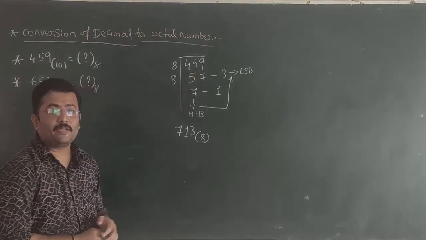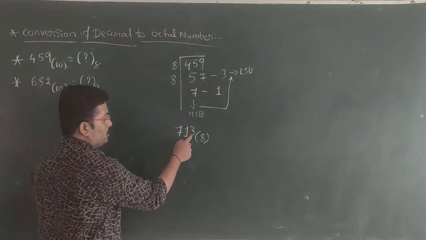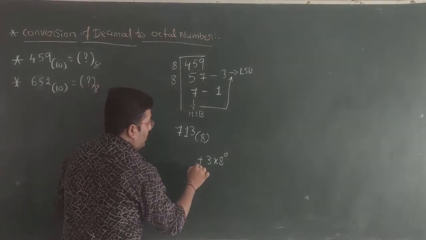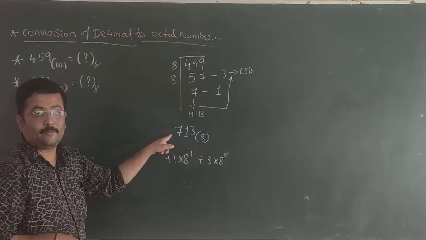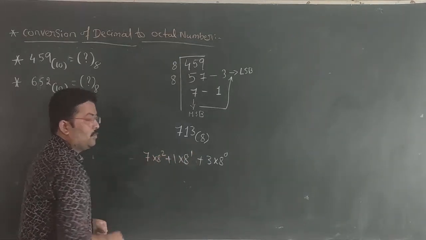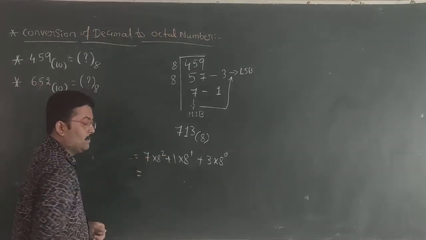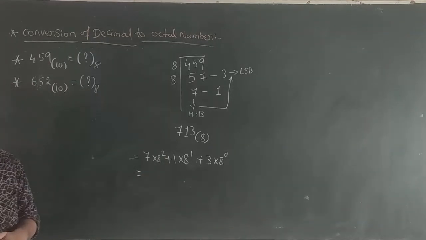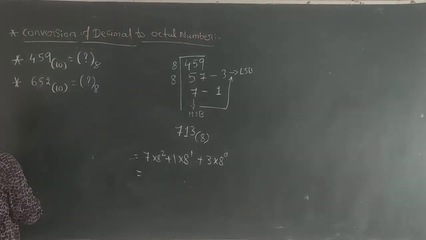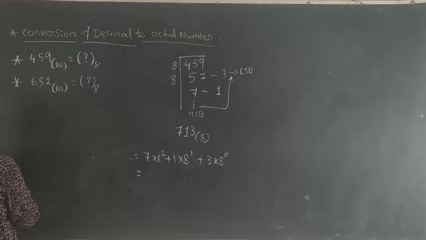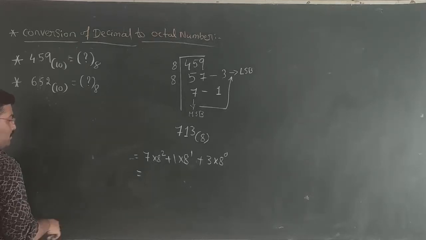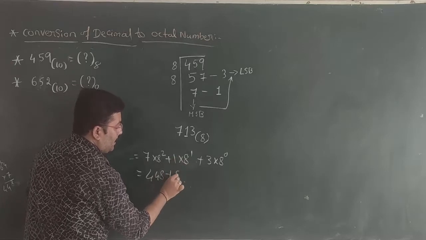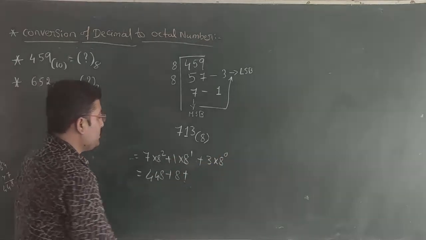Let us cross verify whether the answer is right or wrong. The first digit should be multiplied by 8 to the power of 0, the next by 8 to the power of 1, and the last by 8 to the power of 2. 8 square is 64. 64 into 7 is 448. 8 to the power of 1 is 8, 8 into 1 is 8. 8 to the power of 0 is 1, 3 into 1 is 3.